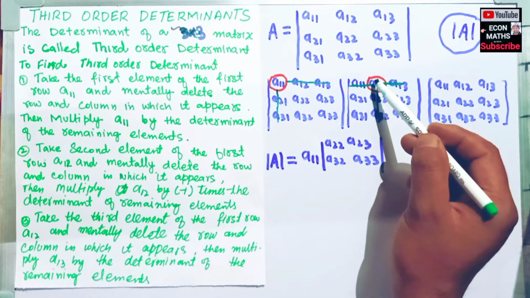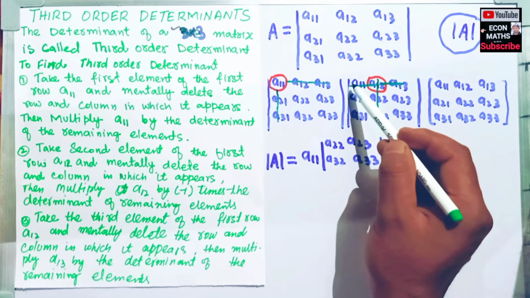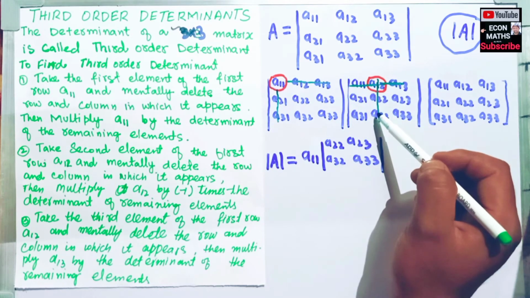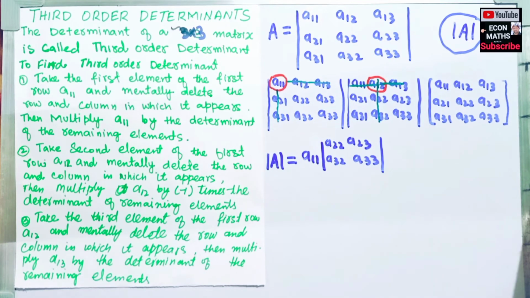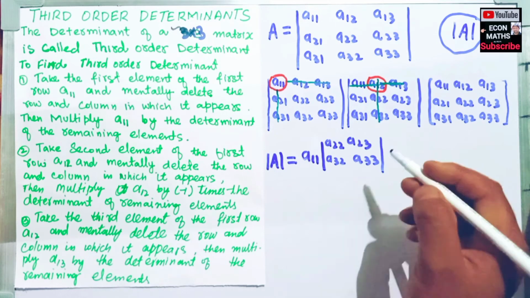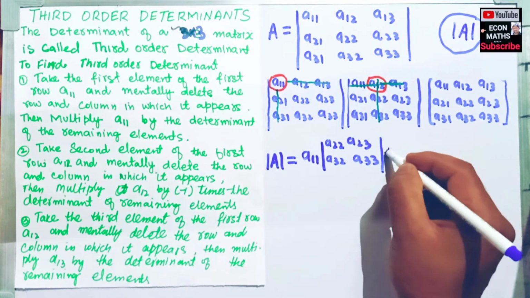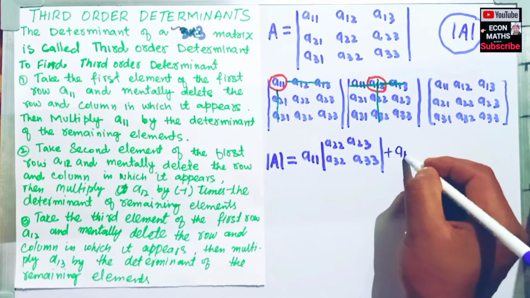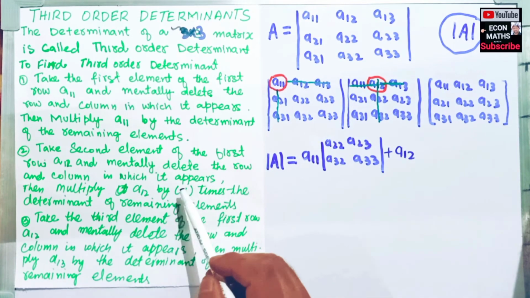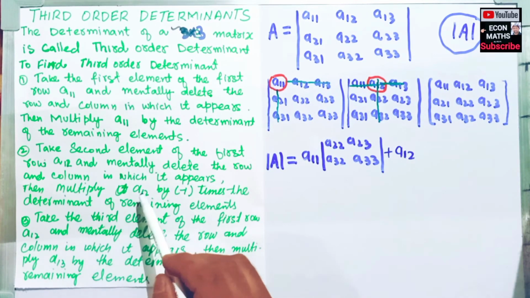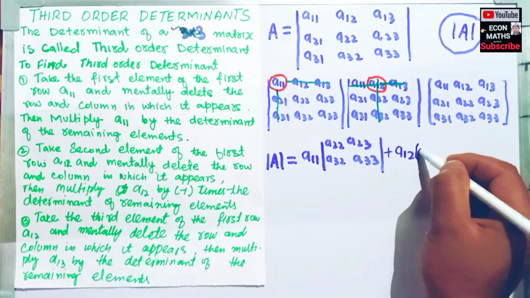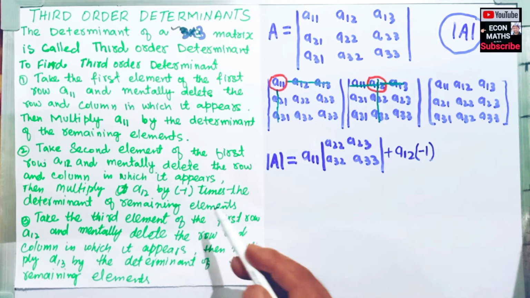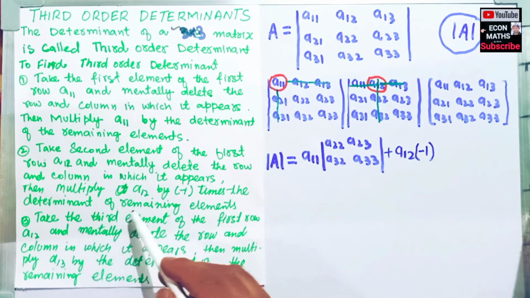Then we multiply A12 by -1 times the determinant of the remaining elements.